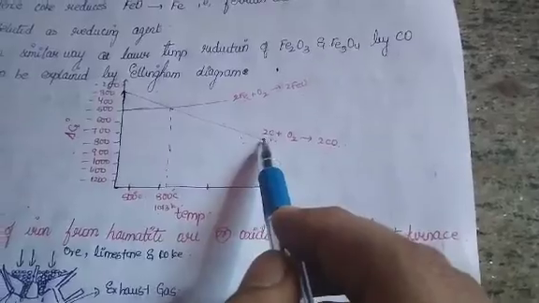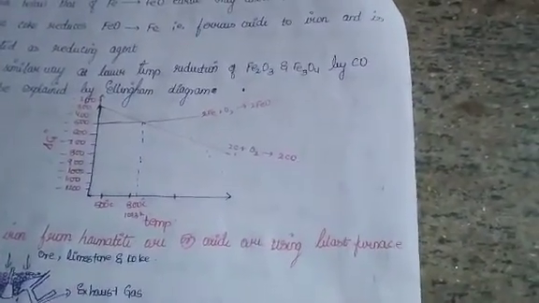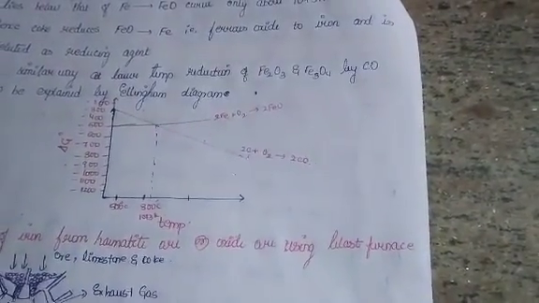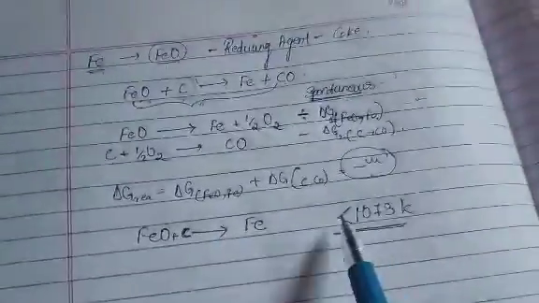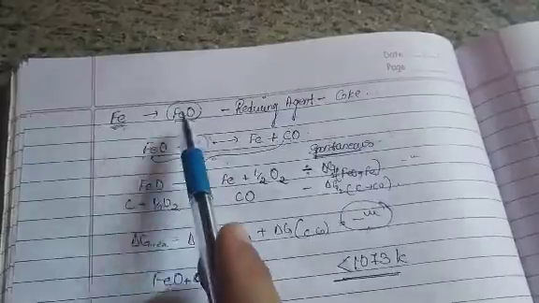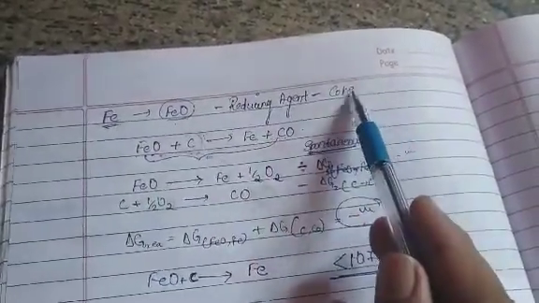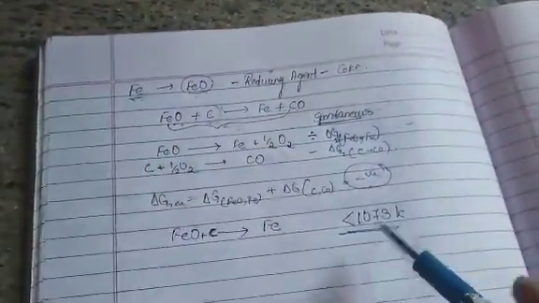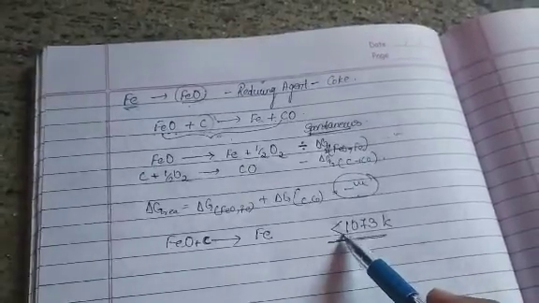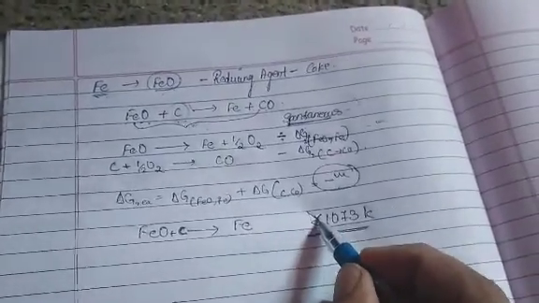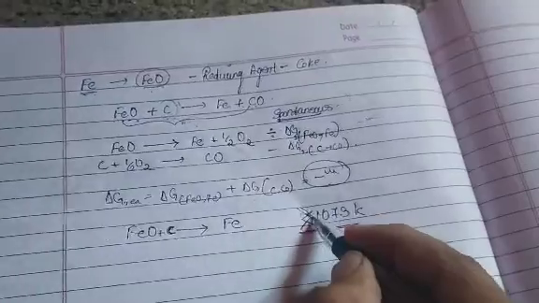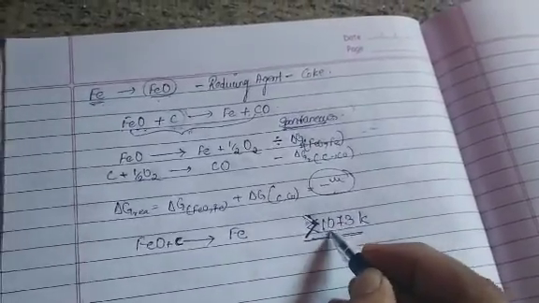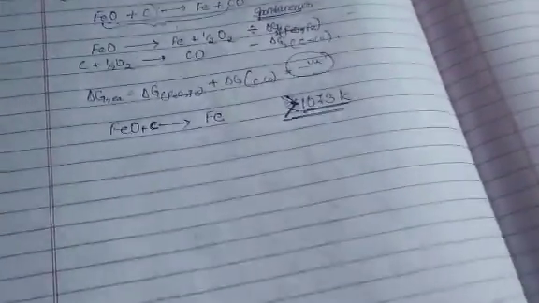So this is the tendency for all the extraction of your metal oxides to their corresponding metals whenever you're choosing a reducing agent. Particularly, you have to keep in your mind, for the extraction of iron from iron oxide, we are using coke as the reducing agent, and it is used only when the temperature is greater than 1073 Kelvin.